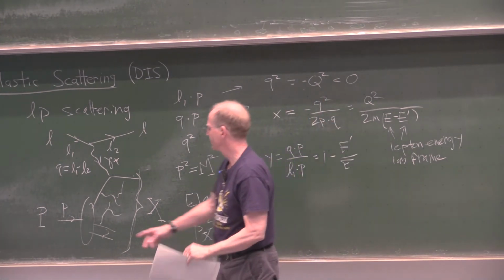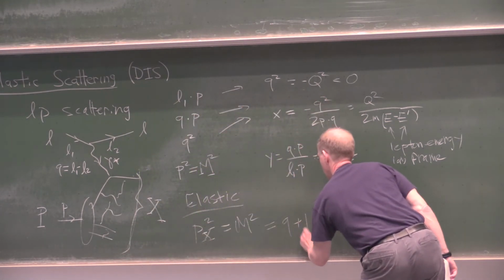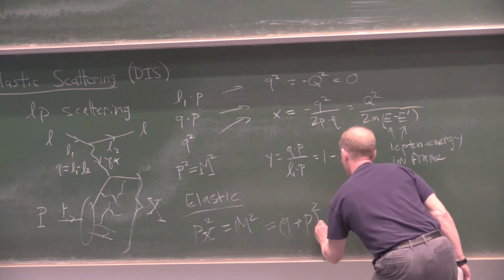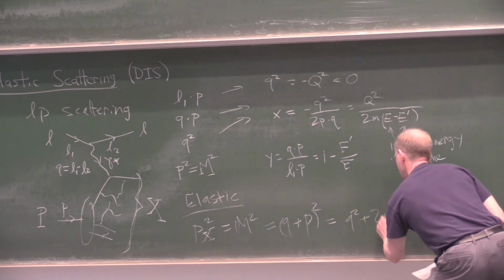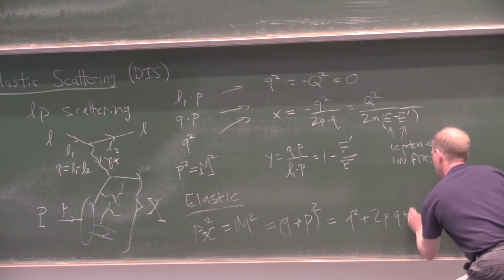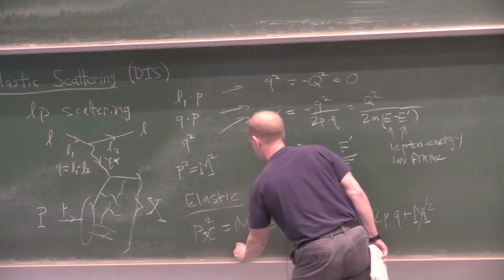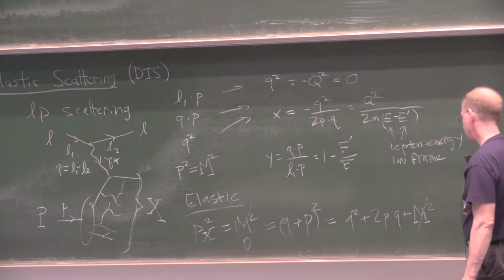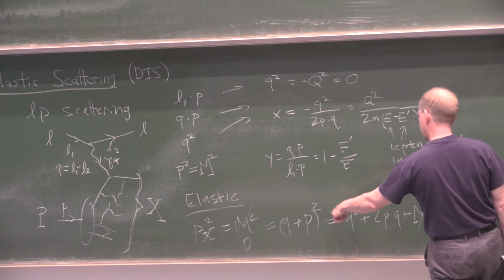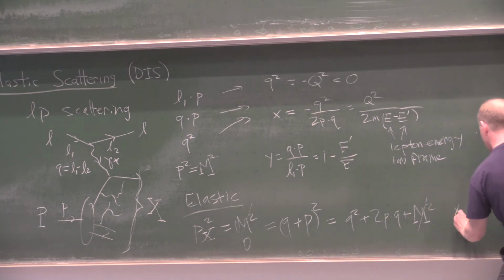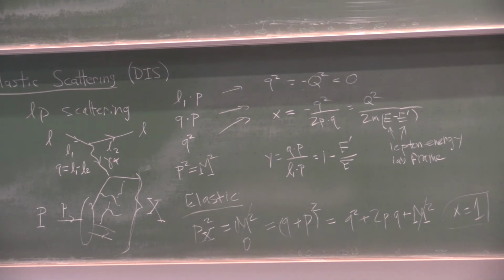But that's also (q plus p) squared, which is q squared plus 2 p dot q plus m squared. So if we subtract m squared from both sides, then that says that 2 p dot q is minus q squared, or x equals 1. So the elastic limit is x equals 1.